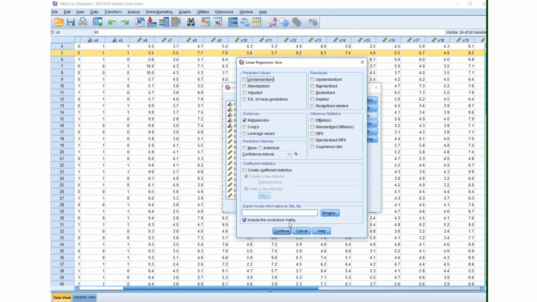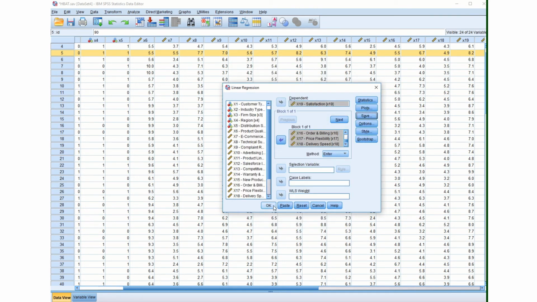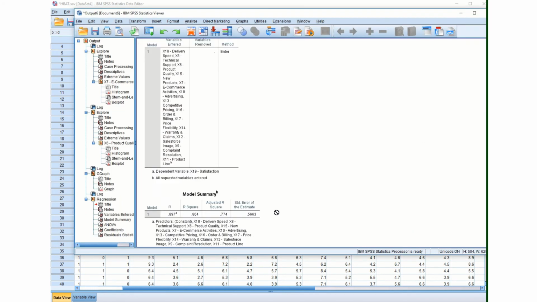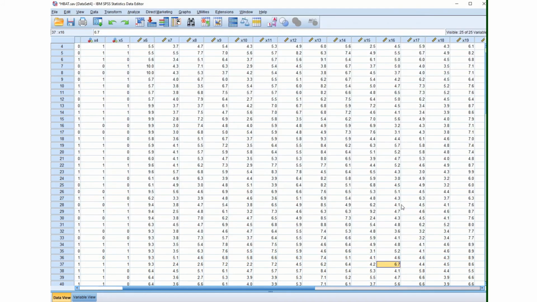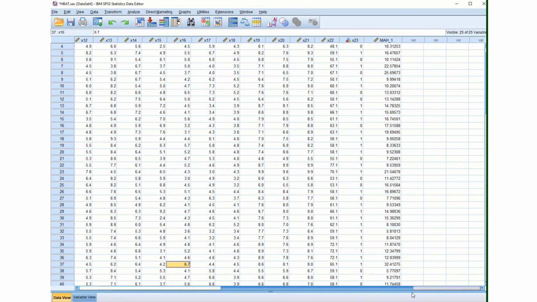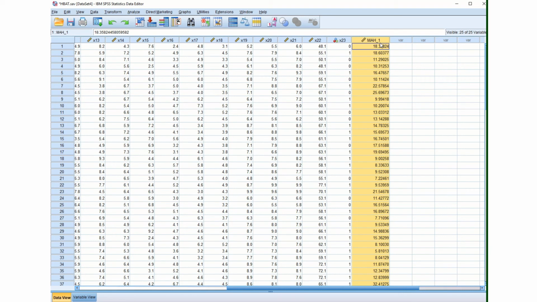I'm going to hit continue, and I'm going to hit OK. This will create a new variable in our data set. We have all of our regression output, but that's not what we're interested in here. What we're interested in is this new variable right here, which is the distance, how far apart the variables are from what we're interested in measuring.